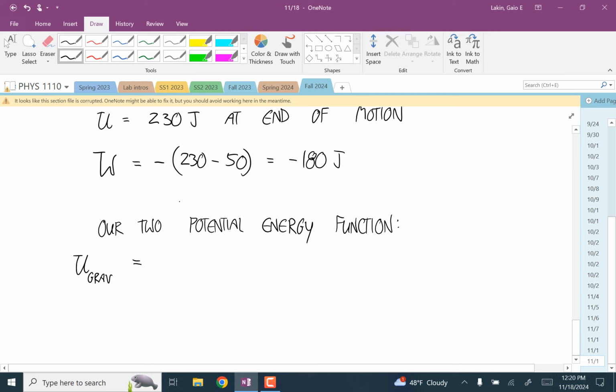And the gravitational potential energy function is the object's mass times positive 9.81 meters per second squared times the height of the object, in meters. Yeah, this would all be in SI units.